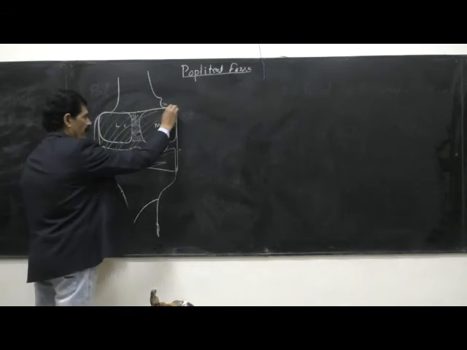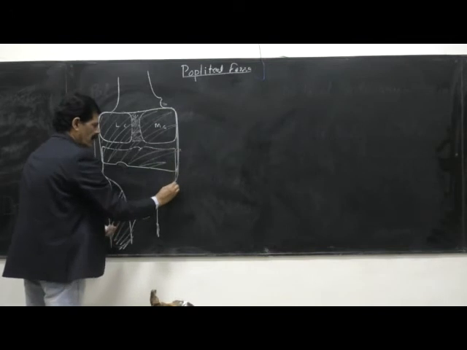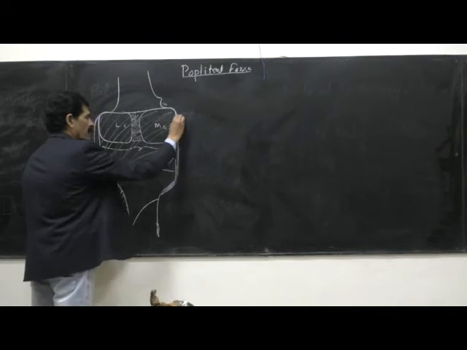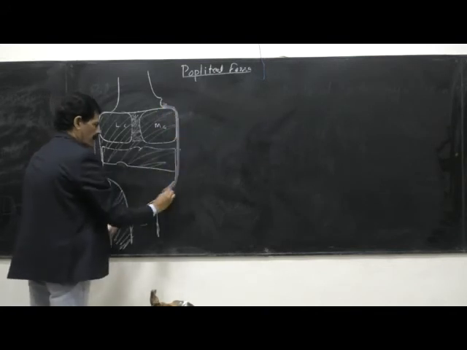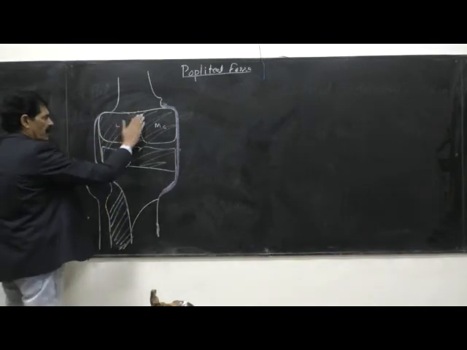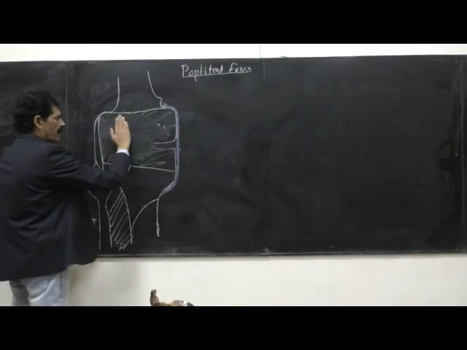And medially, from the medial condyle, the tibial collateral ligament is attached to the medial surface of the medial condyle of the tibia. After the attachment of the fibrous capsule, we can't see the condyles, so they are all intracapsular.